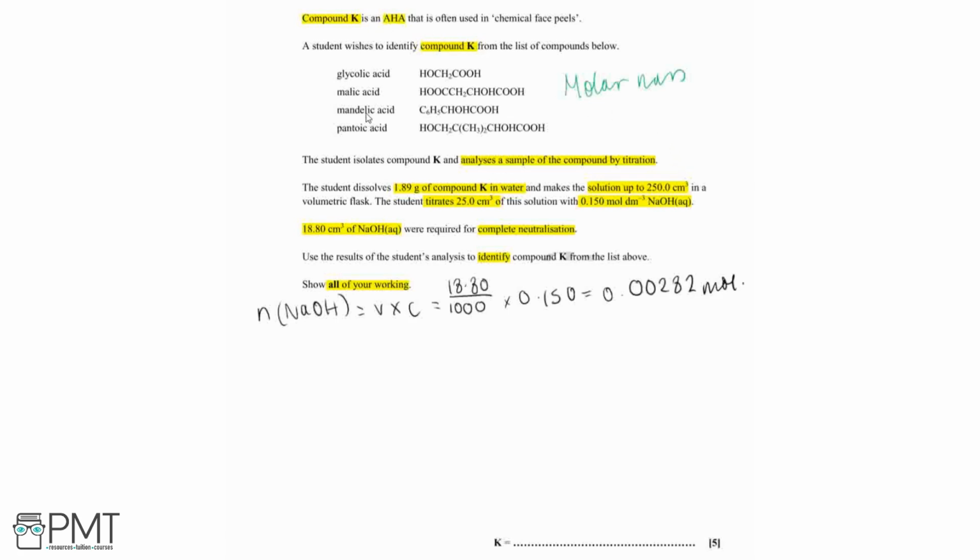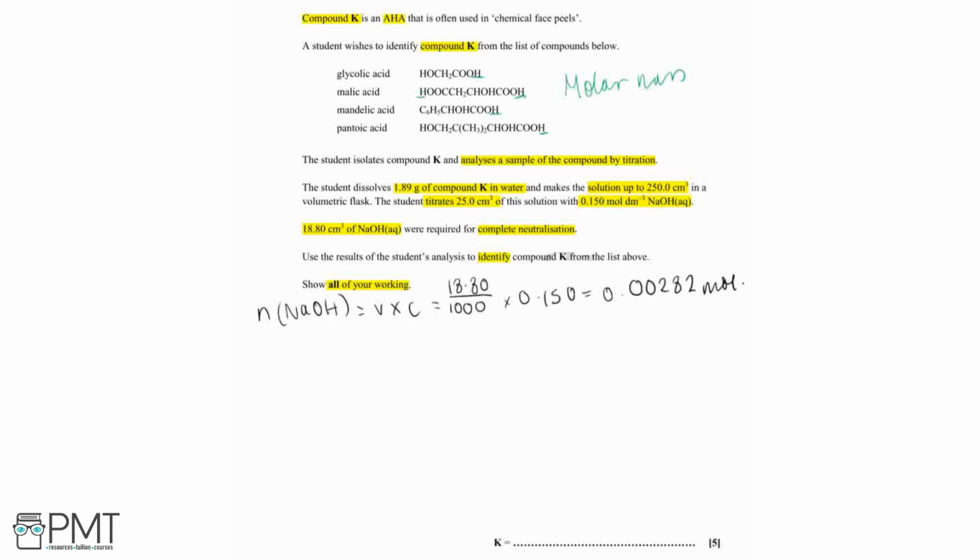Now we need to use this to work out the moles of the acid that we've got. Each of these compounds is an alpha hydroxy amino acid, so we can see that they've all got a carboxylic acid group in them. From this list, we've got 3 monoprotic acids and 1 diprotic acid. Because the majority of these are monoprotic, it would be a sensible assumption to assume a 1-to-1 ratio overall.